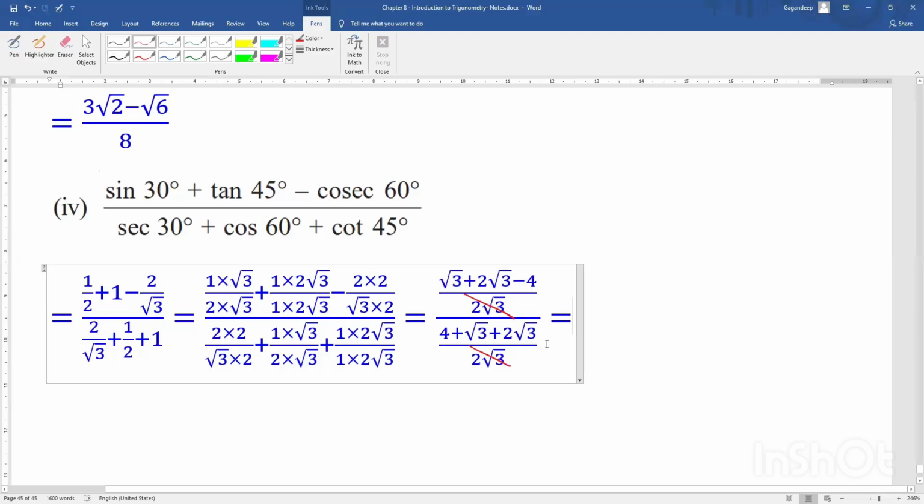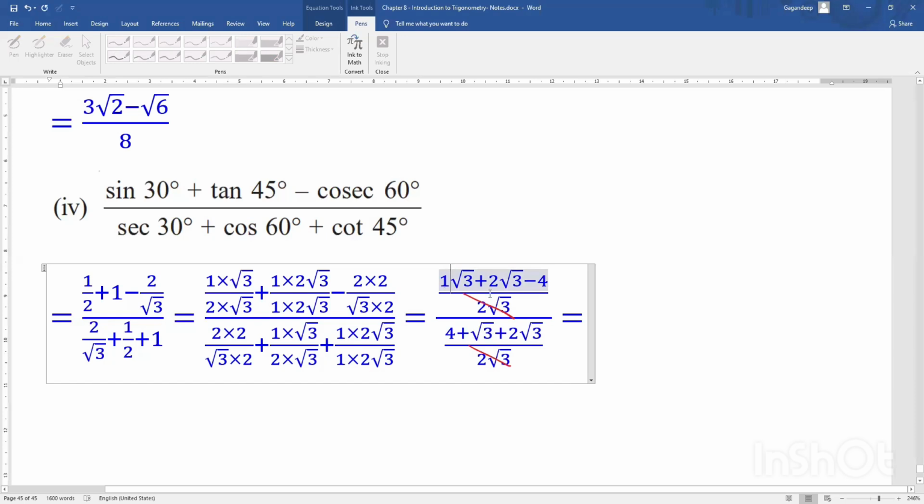So you'll be left with 1 root 3 here, and here also 1 root 3. So 1 root 3 and 2 root 3 becomes 3 root 3. So you get 3 root 3 minus 4 by 3 root 3 plus 4.